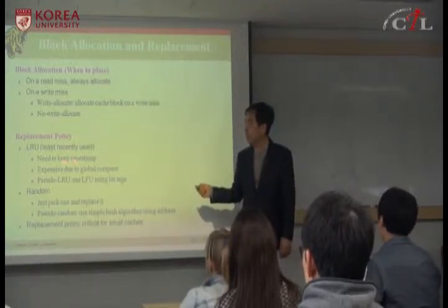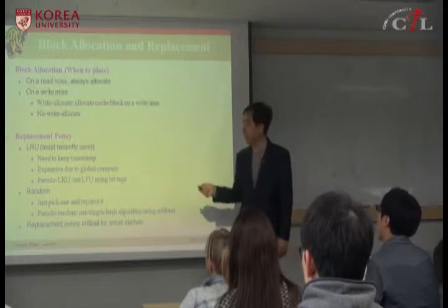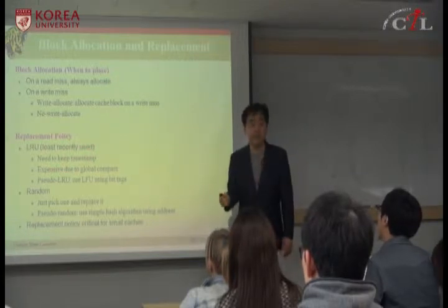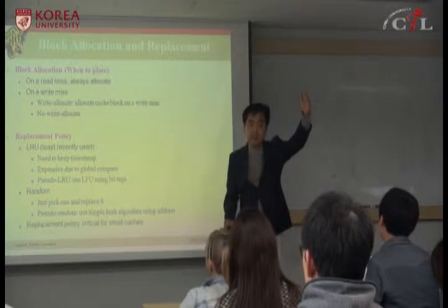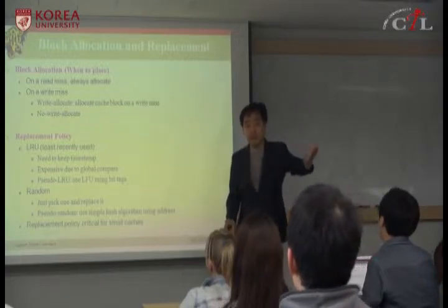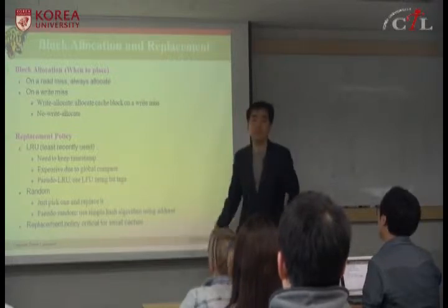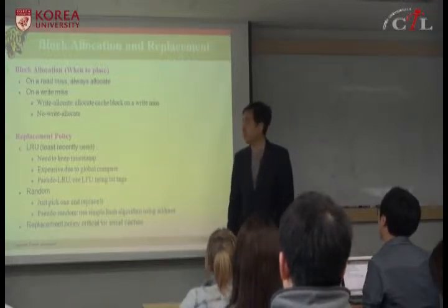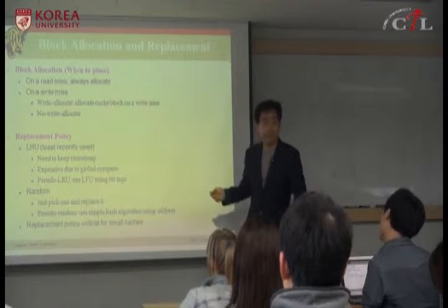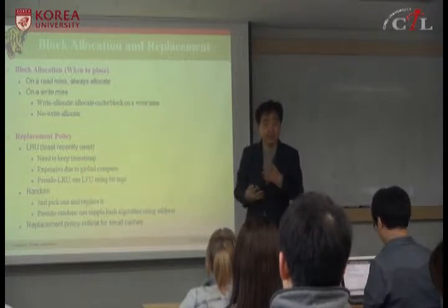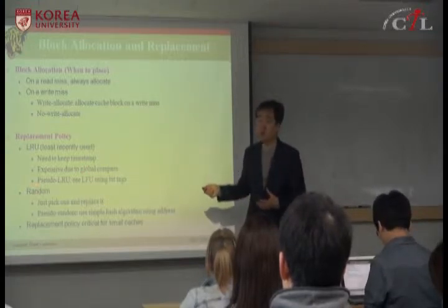However, putting a timestamp into the cache and finding the one with the oldest timestamp means you have to compare everybody. It takes time. It's too expensive. So instead of LRU, they simulate LRU, which is called pseudo LRU.